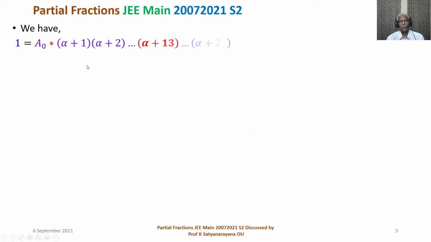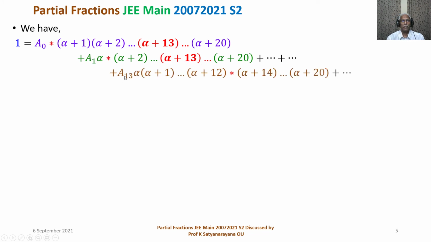In this, in the a naught term, alpha is missing, while alpha plus 1, alpha plus 2, up to alpha plus 13, up to alpha plus 20 are present. In the a1 term, alpha plus 13 is present. But in the a13 term, in the product, alpha plus 13 is missing. And in the last one, alpha plus 13 is present.